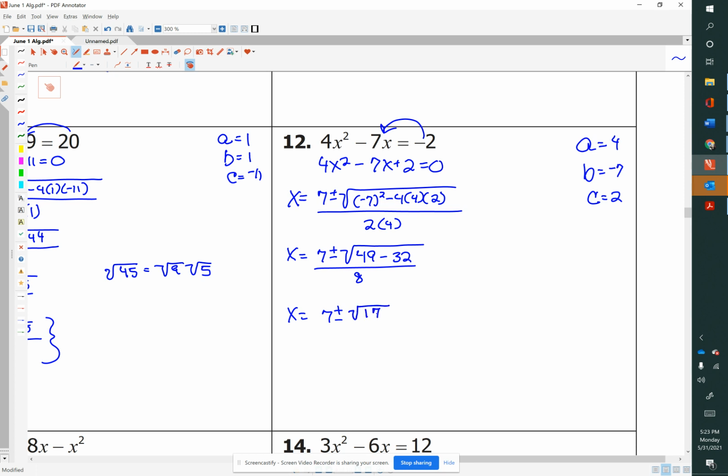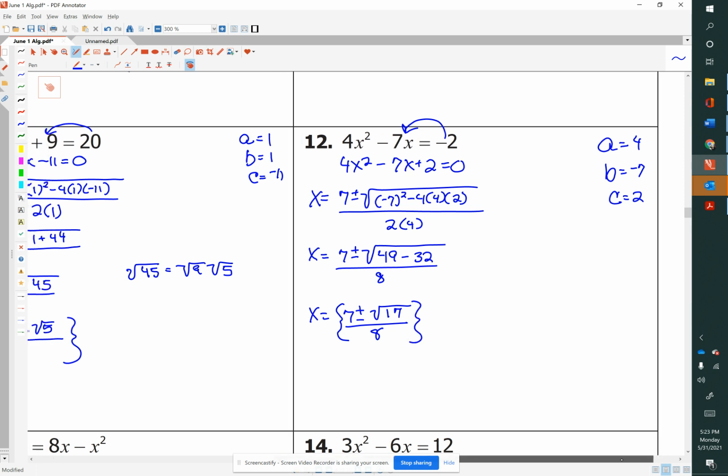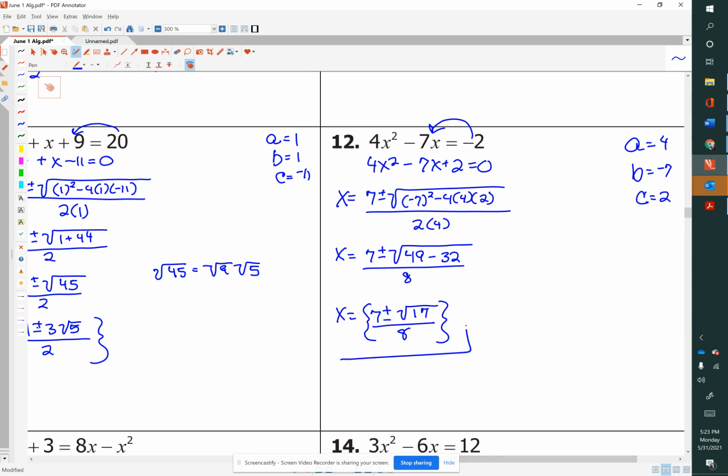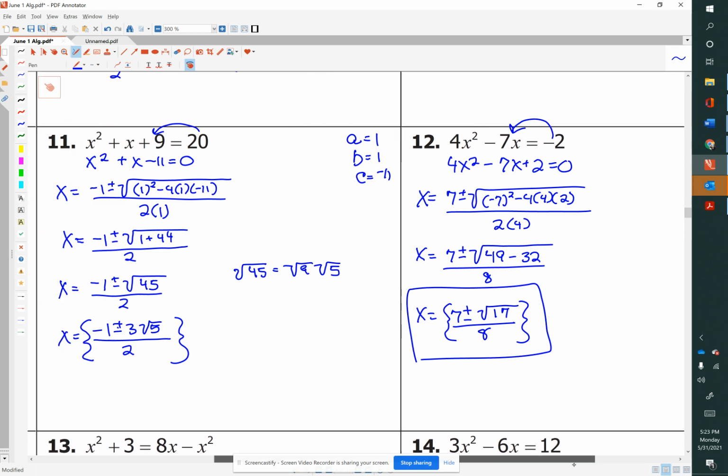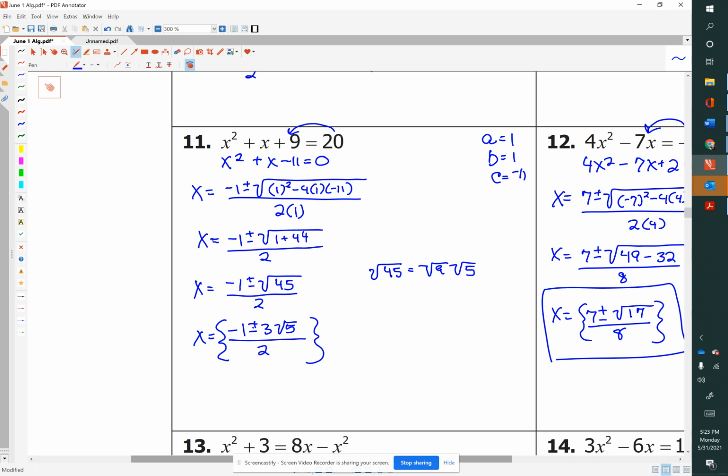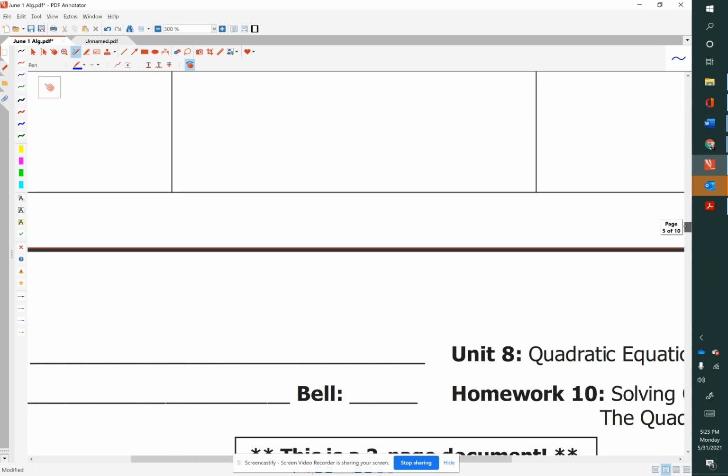So we have 7 plus or minus the square root of 17 divided by 8. And there's nothing else we can do to simplify this. We cannot, 17 is a prime number. There are no factors, let alone any perfect square that we can multiply by anything else to get to 17. So that's our final answer right here. So 2 more. Why don't you try them yourself and then come back and see how you did.